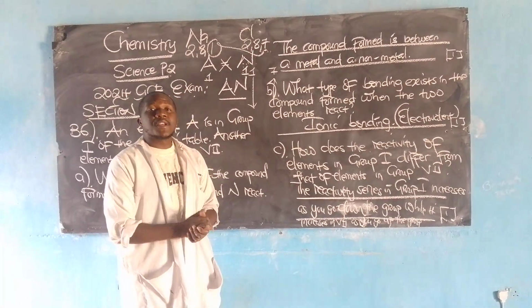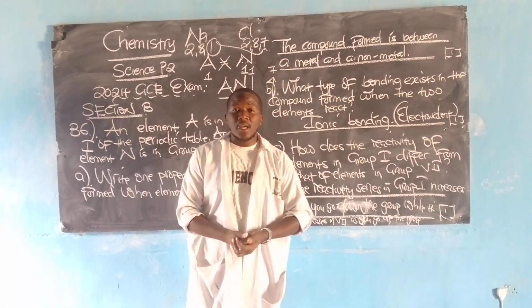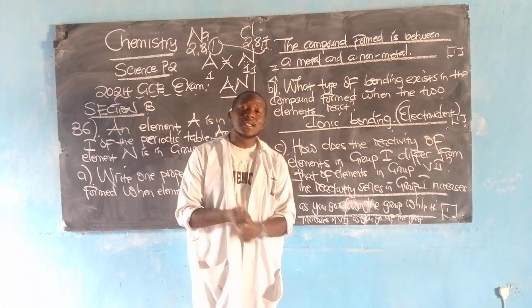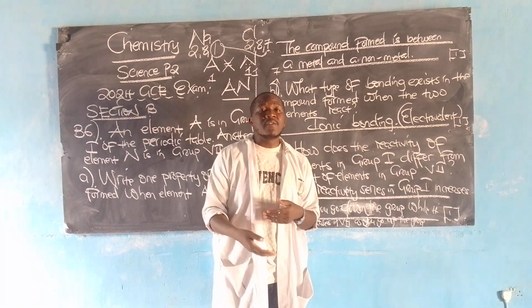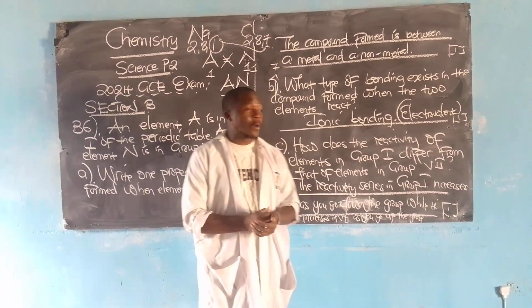So the reactivity series of group 1 and group 7 elements is opposite, in the sense that in group 1 it increases down the group, in group 7 it increases up the group.